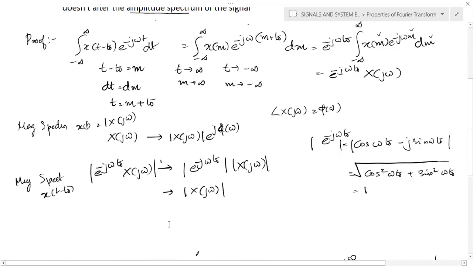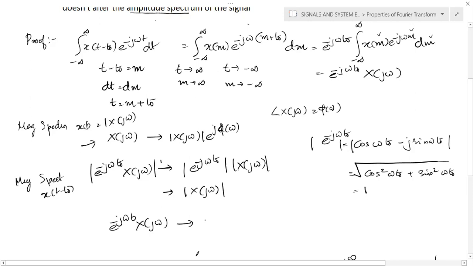Already we discussed the polar form representation of the spectrum X of j omega. It's modulus of X of j omega and e raised to j phi of omega. Now the new signal is e raised to minus j omega t0 into X of j omega.